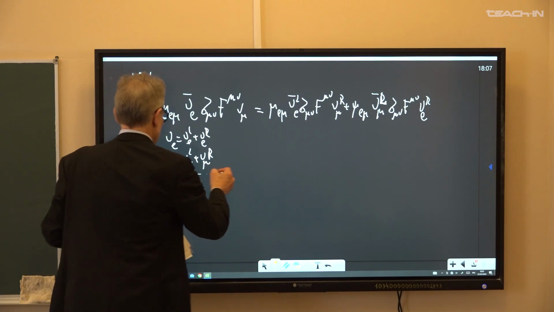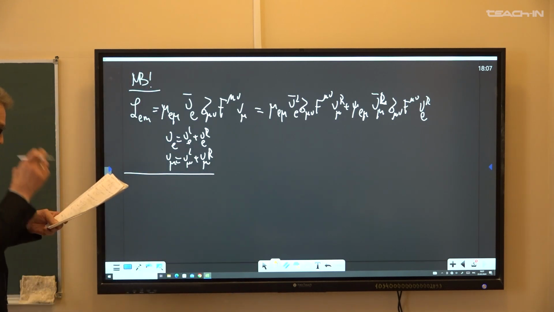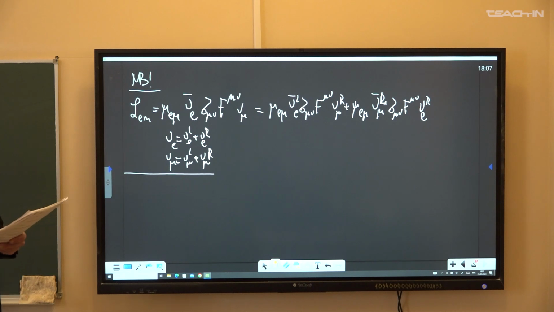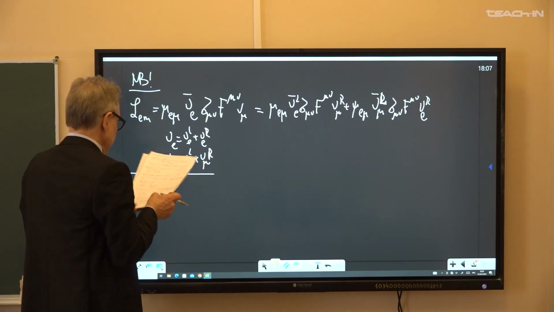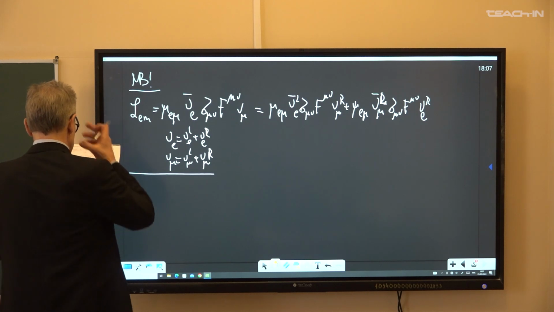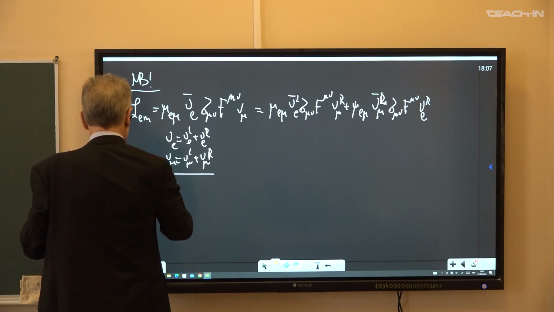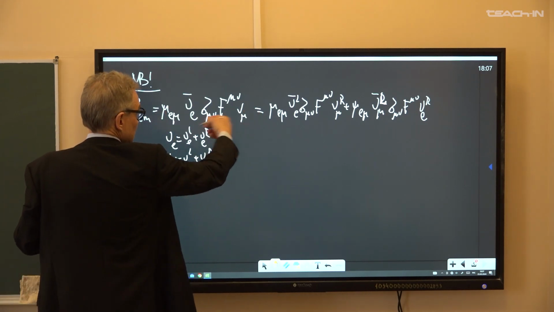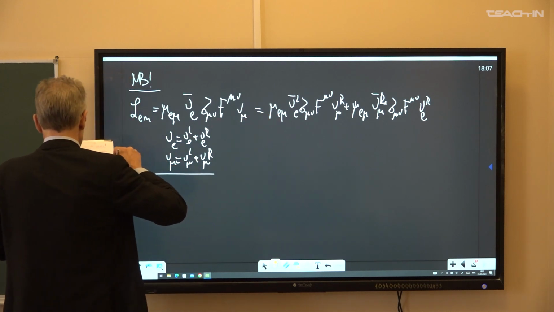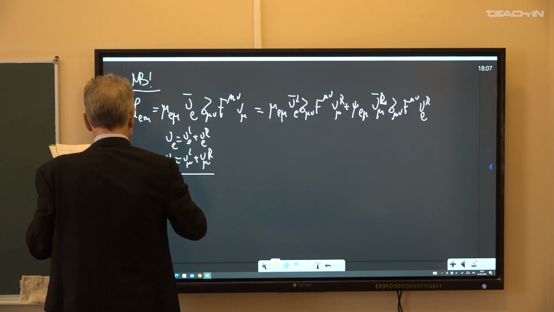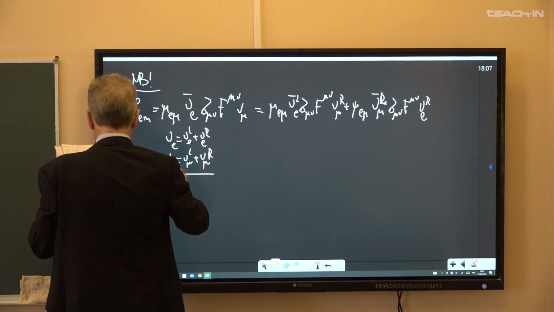And also, it is possible to write the equation for both these fields, for left-handed electron neutrinos. So, just using this addition to the Lagrangian, we can write that the equations are the following.